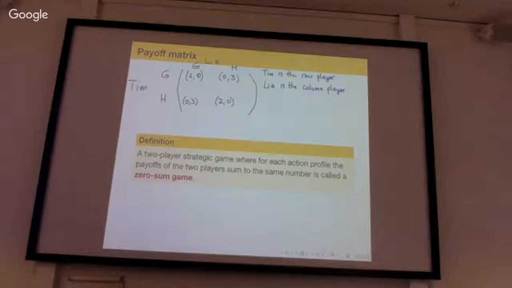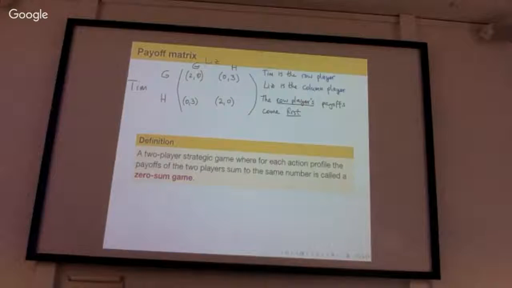What we will definitely stick to is that the row player's payoffs come first, by which I mean that when you look at garden, there is 2, 0.